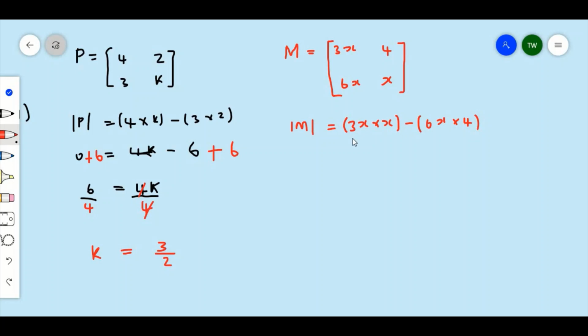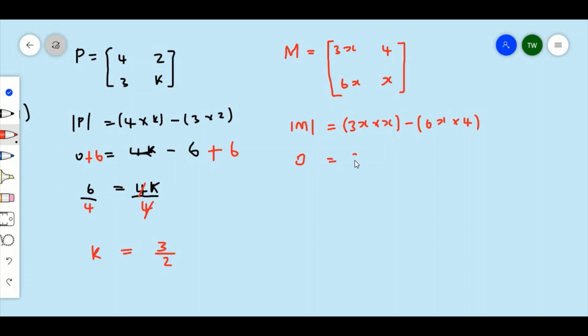Now we know that any matrix that has a determinant of 0 is considered to be a singular matrix. Now we know that M is a singular matrix, therefore the determinant must equal 0. So we are going to replace the determinant of M with 0. So 0 is equal to 3x times x.